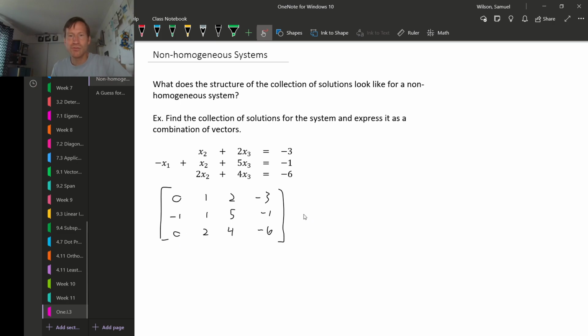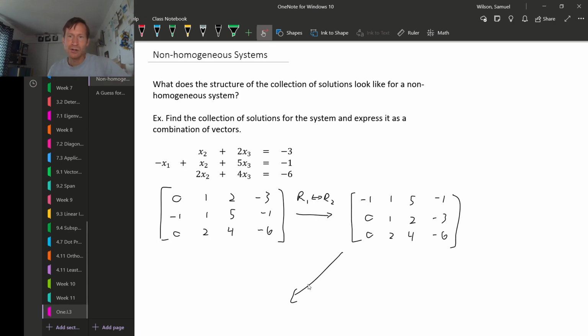Okay, and now we'll start row reducing. The first thing to do is switch row 1 and row 2. So this gives me minus 1, 1, 5, minus 1, 0, 1, 2, minus 3, 0, 2, 4, minus 6. Now we'd like to have a 1 in this upper left-hand corner, so let's multiply row 1 by minus 1.